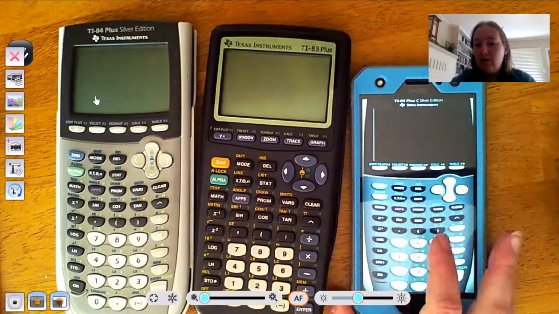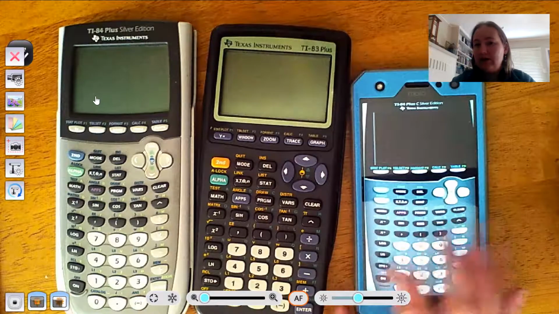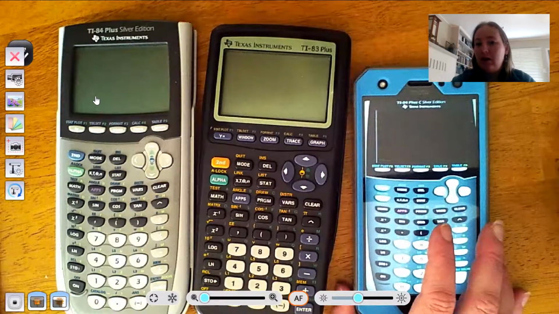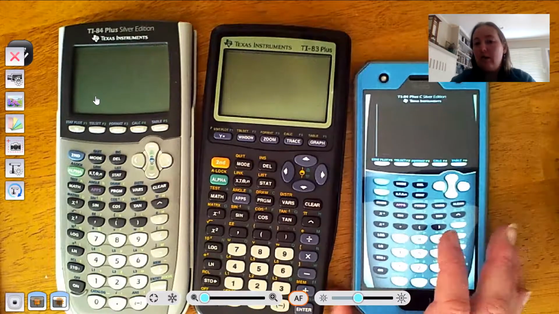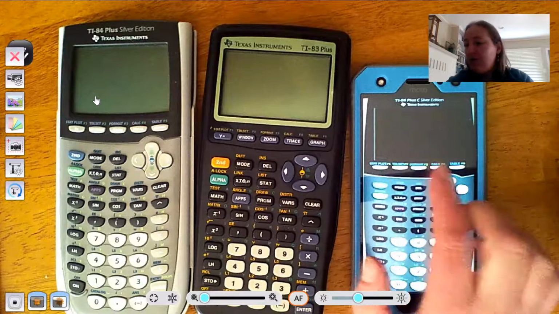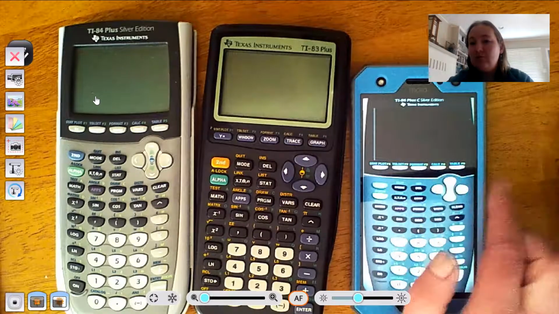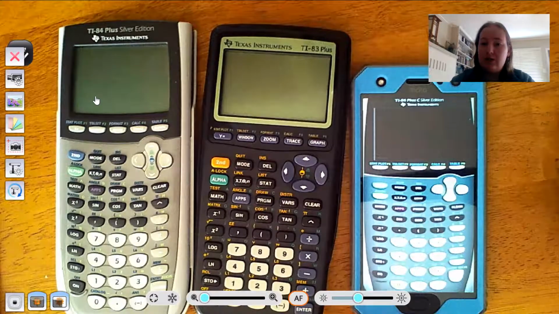Here is my cell phone, it's an Android, where I've downloaded a free emulator, the Wabbit emulator, and you can search for it, and it's again free. And I've downloaded the TI-84 Plus C Silver Edition. C stands for color, which is just kind of nice when you're graphing multiple things to be able to differentiate between them.